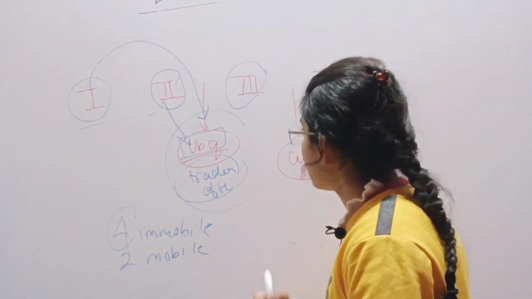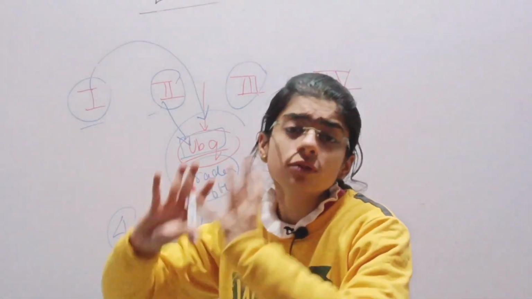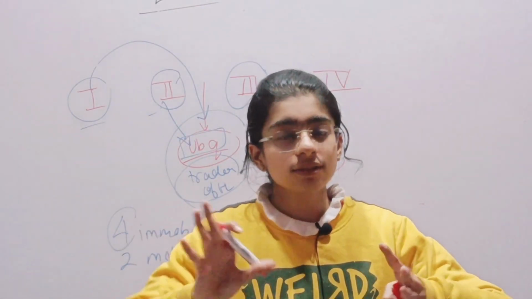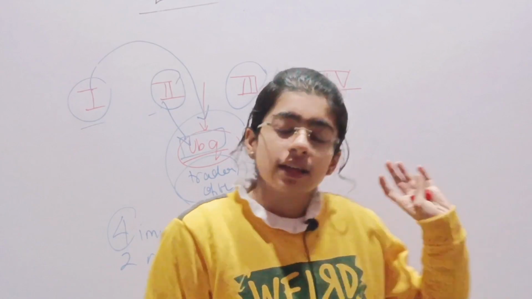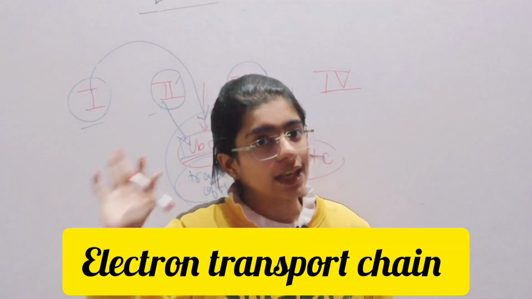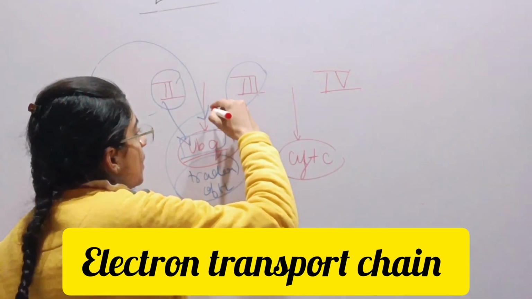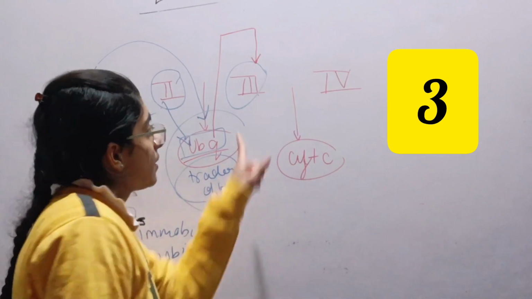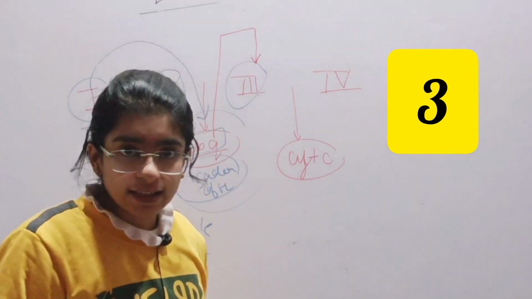Now next, if it has so much hydrogen, we need to transport electrons or the hydrogen-reduced thing in the ETC, as the name suggests, electron transport chain. Now ubiquinol will transfer it to the third thing, the third complex.